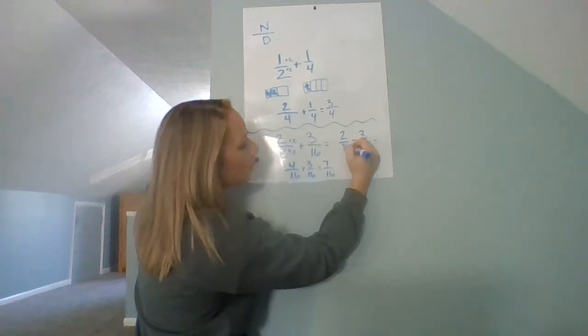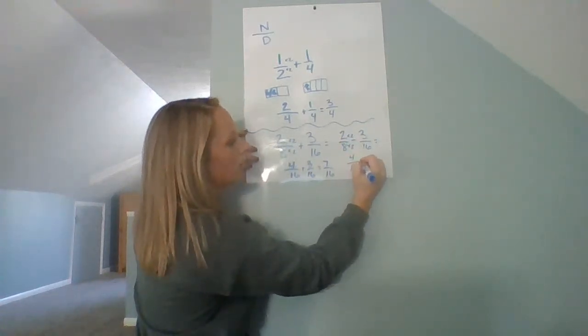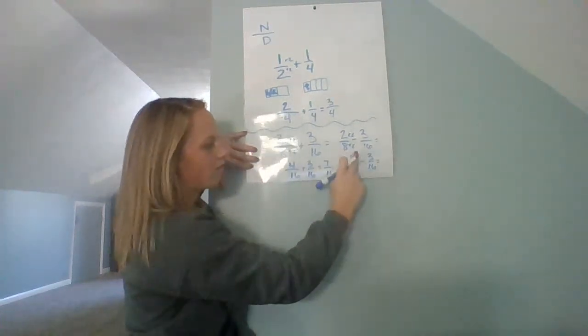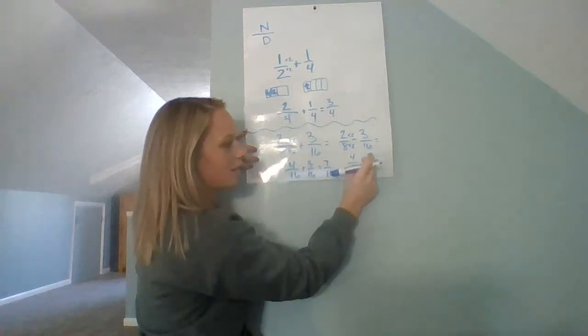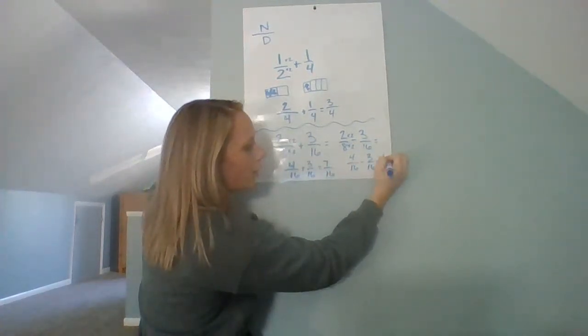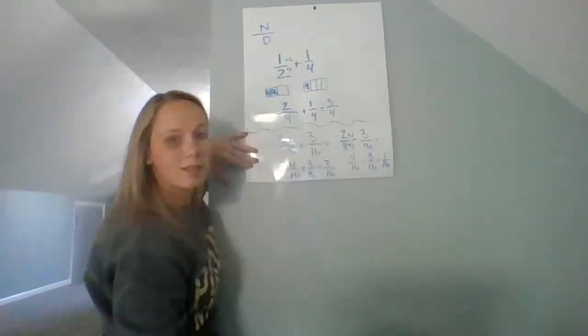Okay, so I'm going to make them 16ths again. And now I have my 4/16 minus my 3/16. Well, I know that 4 minus 3 is 1. I'm still talking about 16ths, so it's 1/16.